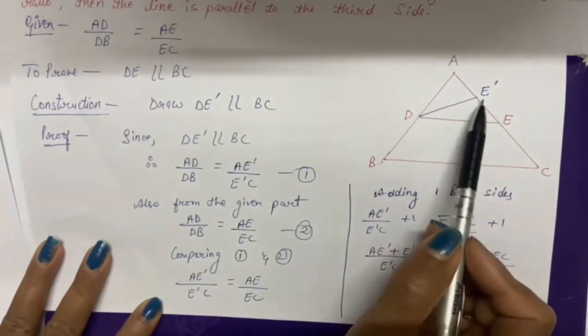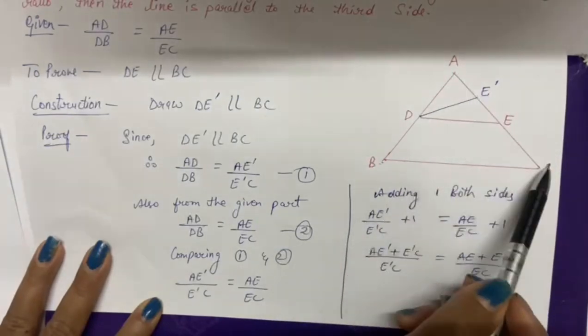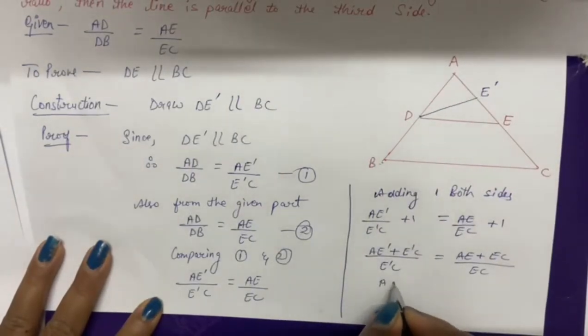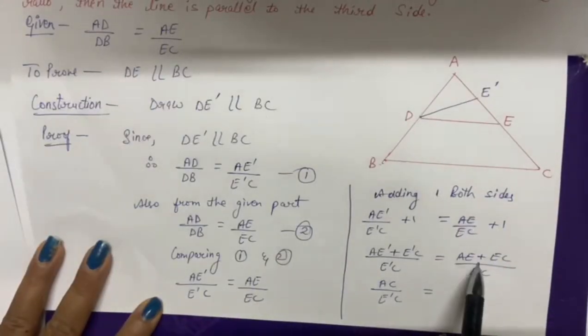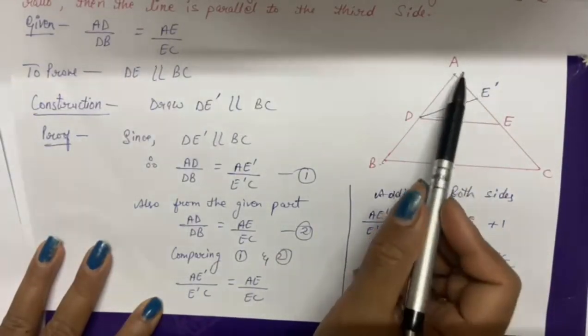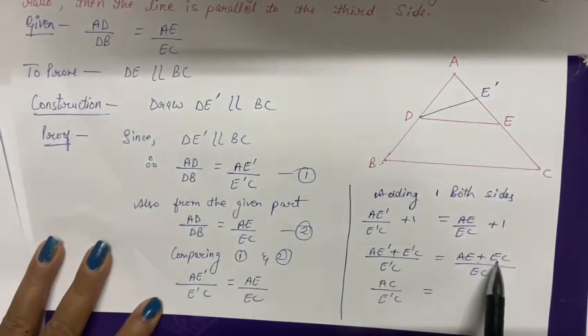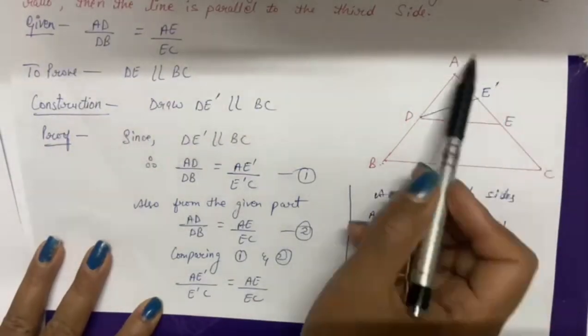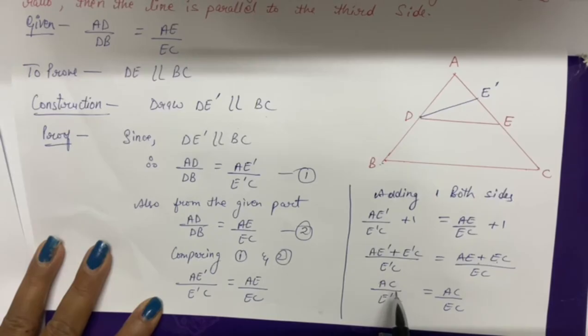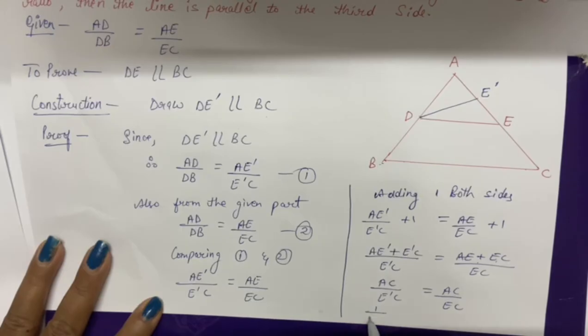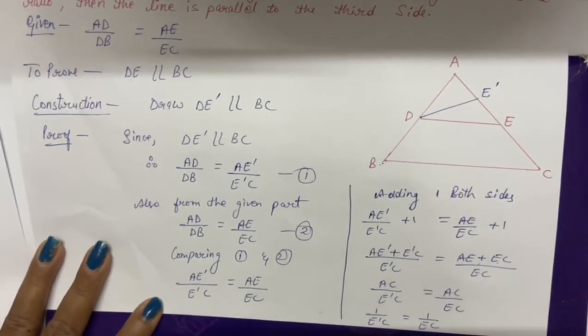AE dash plus E dash C is the whole line segment AC, right? So directly we write AC by E dash C is equal to, in the similar way, AE plus EC, correct? This is again the same line segment AC, so AC by EC. Now you can see here AC and AC cancel out, both are the same. So what we got is 1 by E dash C is equal to 1 by EC.